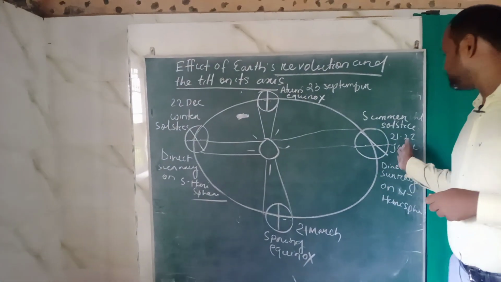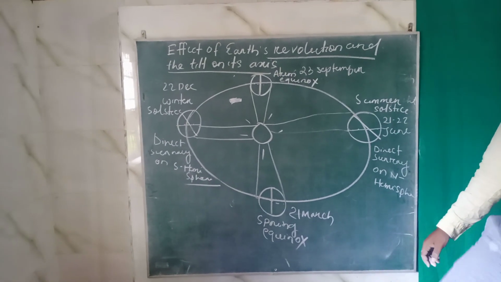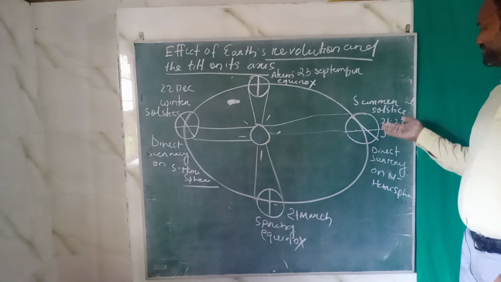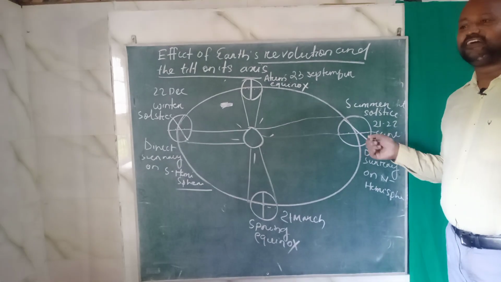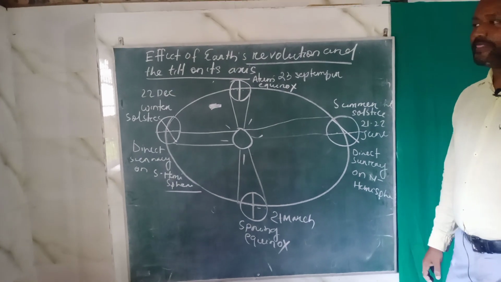Mostly it occurs on 21st or 22nd June of the year, when the northern hemisphere gets the direct sun ray.